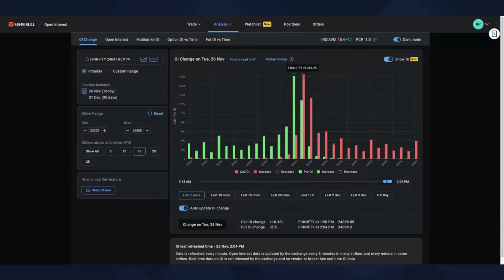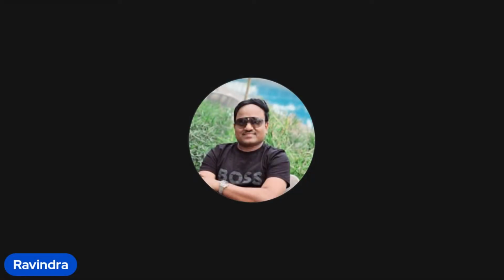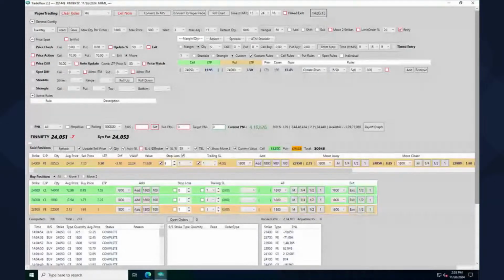Okay, let me show my screen. My CE got exited. The reason was I had put a stop loss at about 13, which got hit. While I wanted to exit at a combined price of about 16, which I think is predominantly hit. I'm absolutely happy with that. So now I do not need this CE.